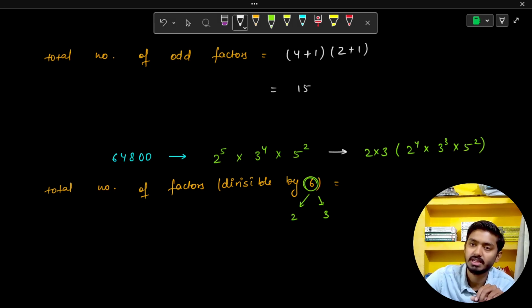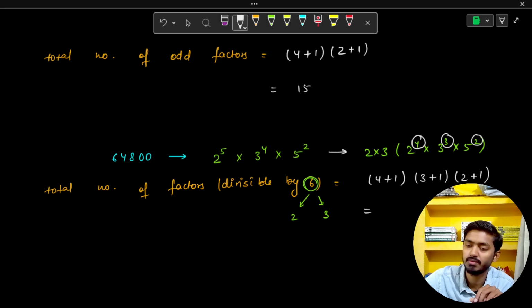We do the same thing which we generally do. We take the exponents, add 1 to them and multiply. 4 plus 1 times 3 plus 1 times 2 plus 1. That turns out to be 3 4s are 12, 5s are 60. Simple. Alright.